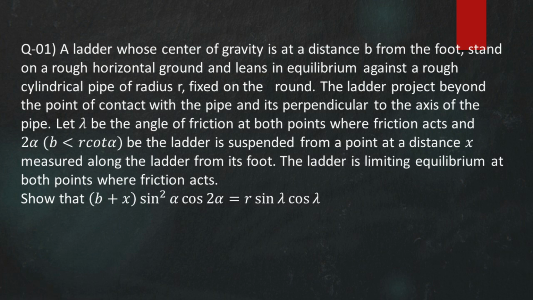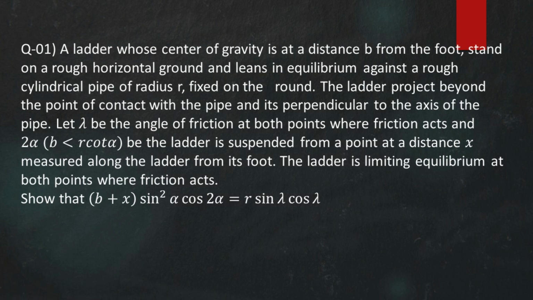A ladder whose center of gravity is at a distance b from the foot stands on a rough horizontal ground and leans in equilibrium against a rough cylindrical pipe of radius r fixed on the ground. The ladder projects beyond the point of contact with the pipe and is perpendicular to the axis of the pipe.